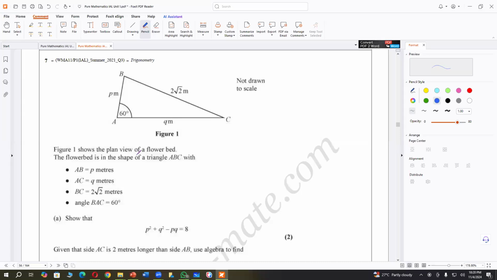Now look at this question. Show that p square plus q square minus pq is equal to 8.